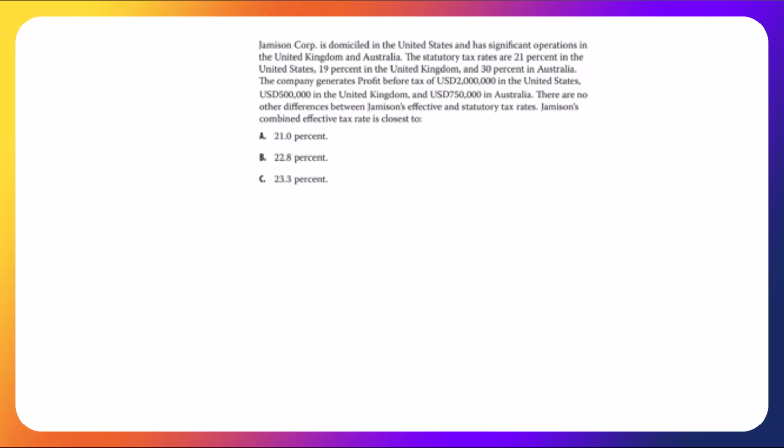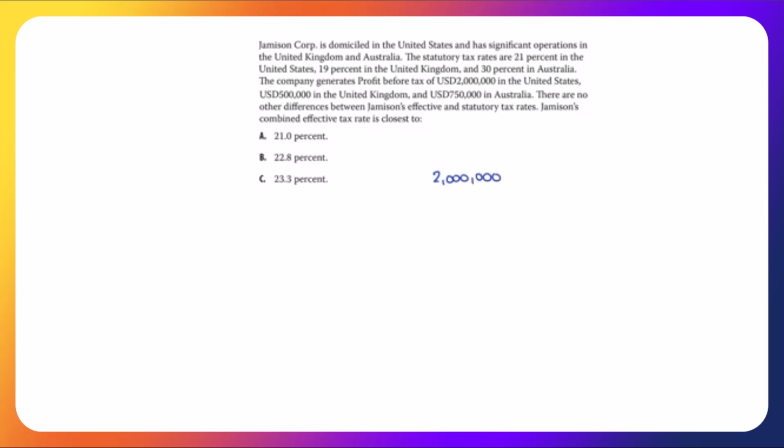Jameson Corporation is domiciled in the United States and has significant operations in the UK and Australia. Statutory tax rates are 21% in the US, 19% in the UK and 30% in Australia. This just looks like a long calculation. The company generates profit before... Oh, here we go. Might as well start writing this down. So 2 million in the US.